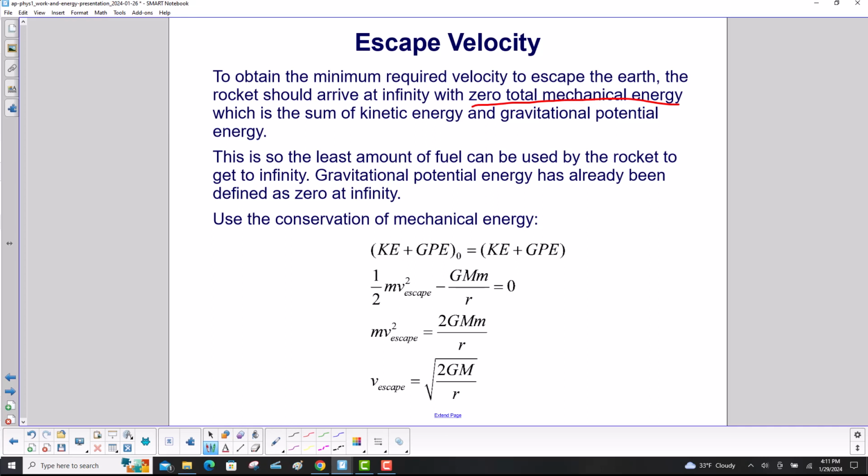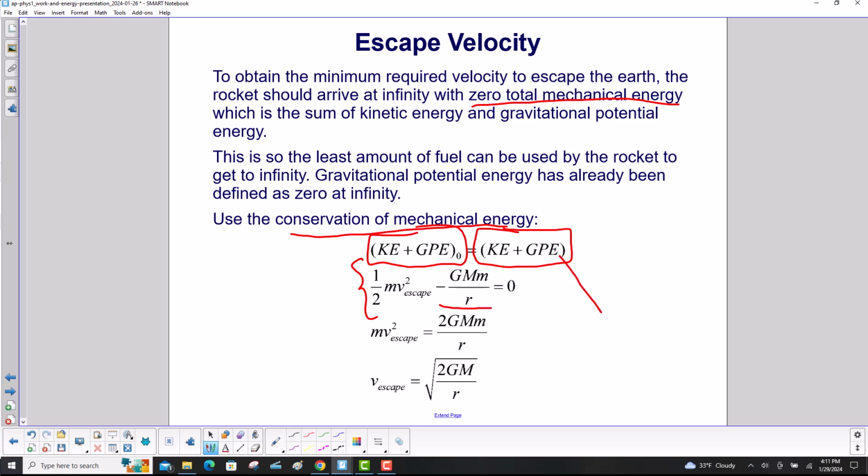Gravitational potential energy has already been defined as zero at infinity. So here's our conservation of mechanical energy. This is our original, and this is our final at infinity. So we're trying to find escape velocity, so that would be 1/2 mv squared, where v is the escape velocity, minus the potential energy at the surface of the Earth.